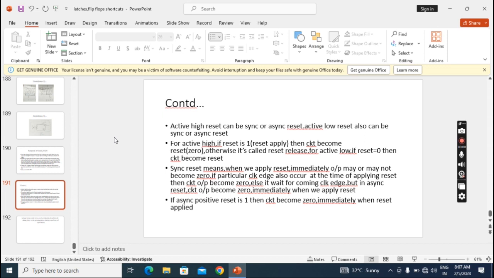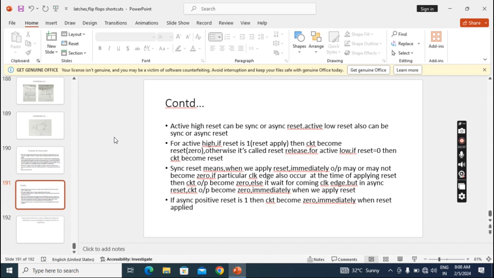And synchronous reset means, suppose when we apply reset, if it is a synchronous reset, at the time of applying reset, if a particular clock edge is occurring, then the circuit becomes 0 or reset at the same time. But if at that time the particular clock edge is not occurring, then it will wait for the coming positive clock edge.